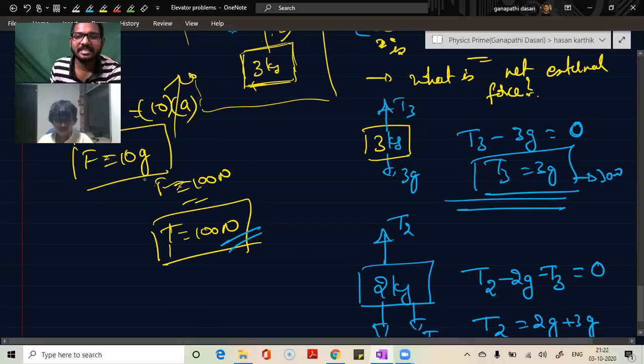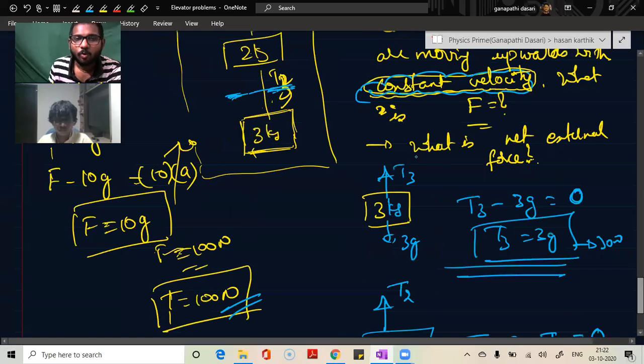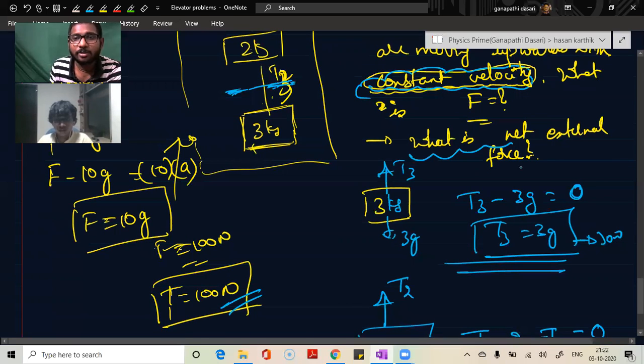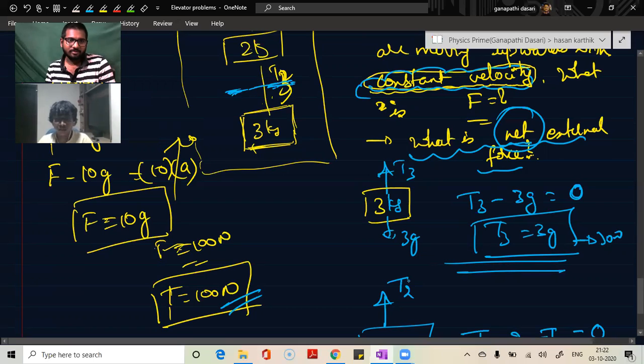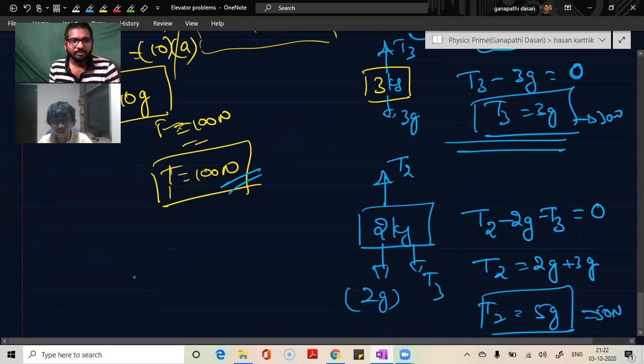But my question here is, what is the net external force? What is the net force? Net force on the system means total force. Be careful here.